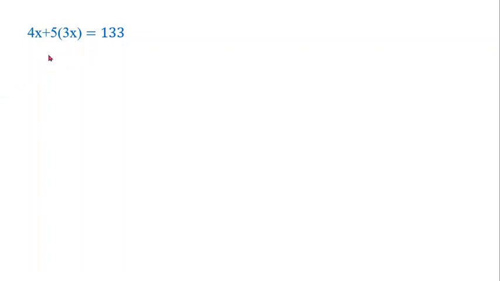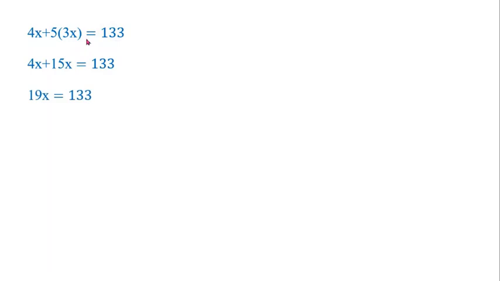Now, 19x equals 133 becomes a multiplication operation where 19 is the multiplicand, x is the multiplier, and 133 is the product. Since the multiplier is not known and the product and the multiplicand are known, the procedure is to divide the product by the multiplicand.